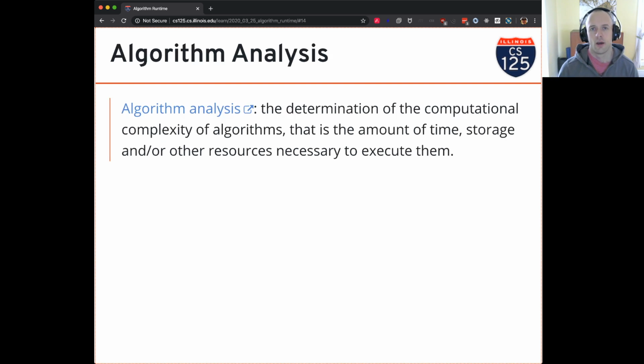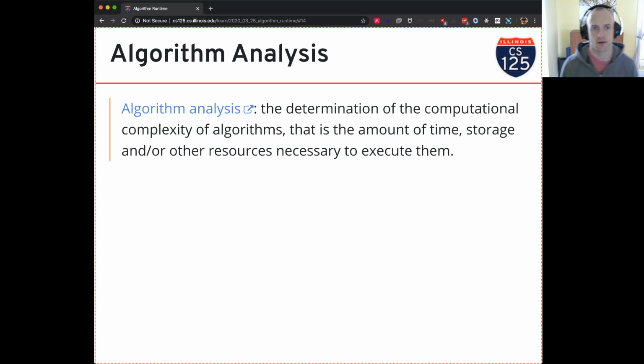Okay. So what we've been doing is a form of something that's called algorithm analysis, and that's going to be the topic for our next few classes. And this is something that you will continue to think about throughout your career in computer science. If you go on and take other courses in our department, like 173, 225, 374, you're going to continue to think about and learn about this particular topic, right?